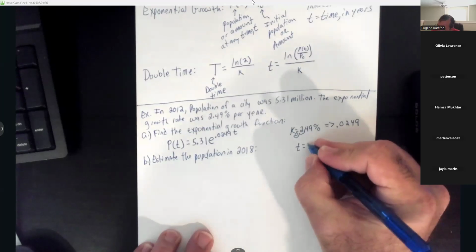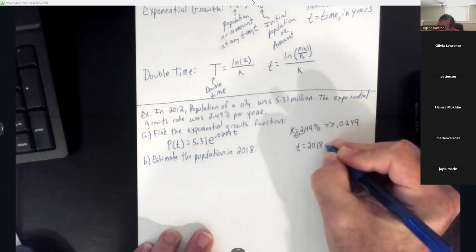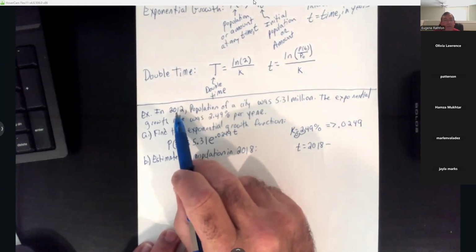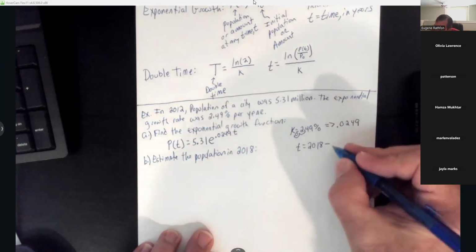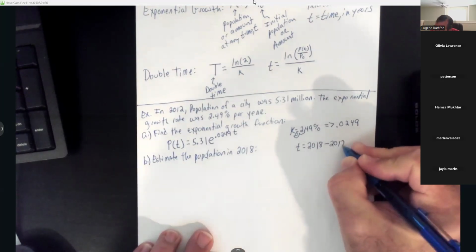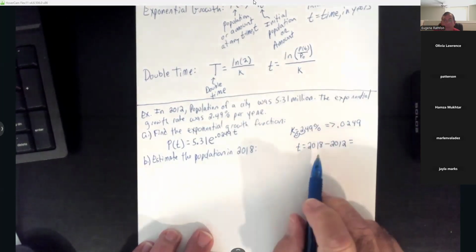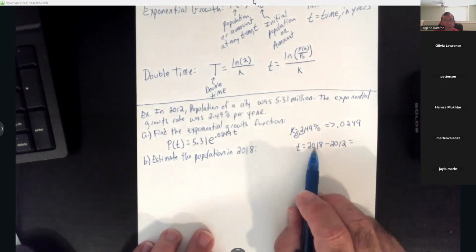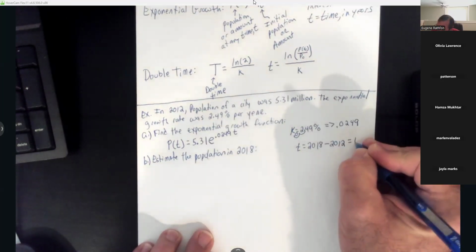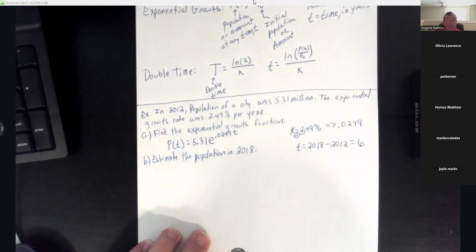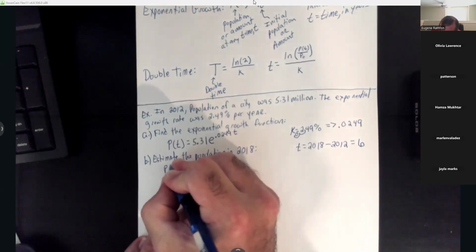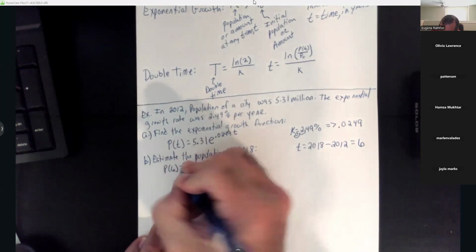So you're looking at 2018 minus, our formula is based on 2012. So this will give us how many years have passed since 2012 to get to 2018. And now if you subtract that, you get 6 years. So we're basically finding P of 6.